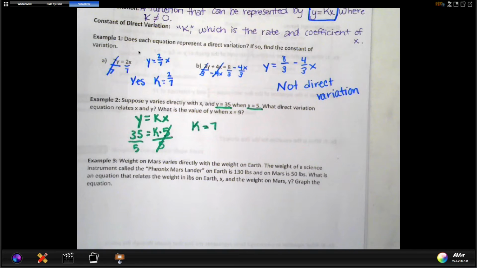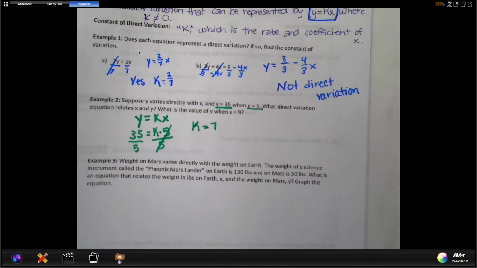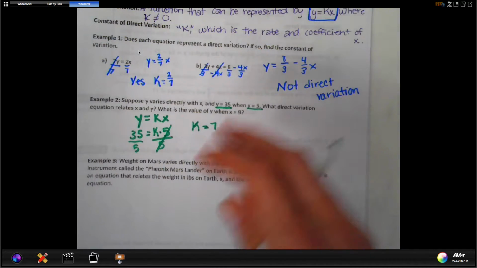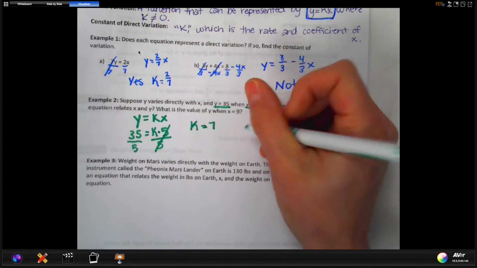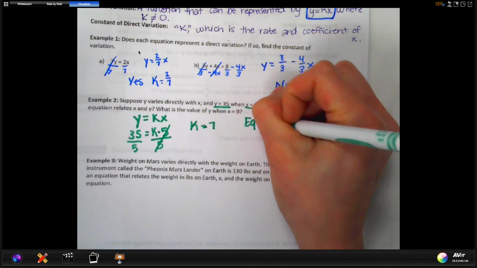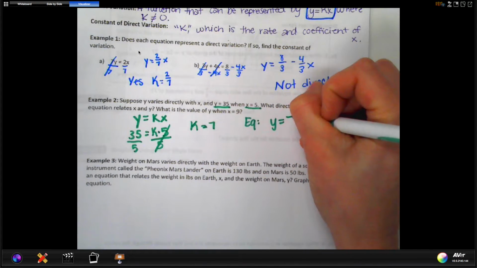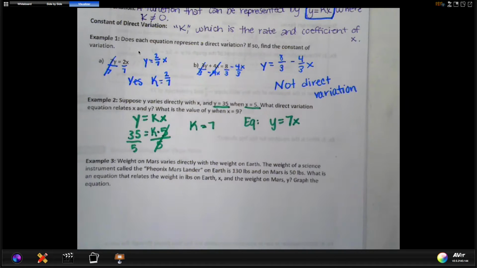So our rate is 7. That's the first thing you need to find out. So to write the equation now you go back to this original format. Our equation is y equals 7x.